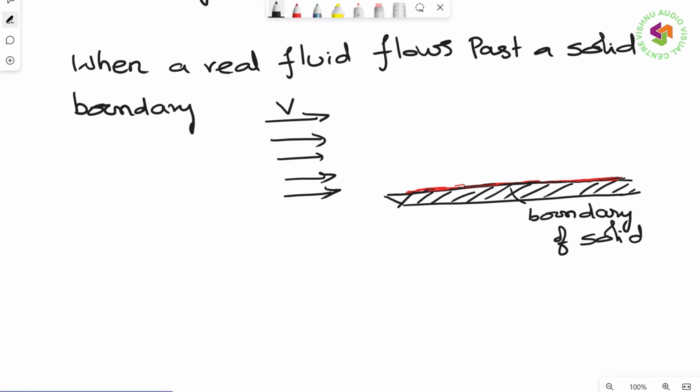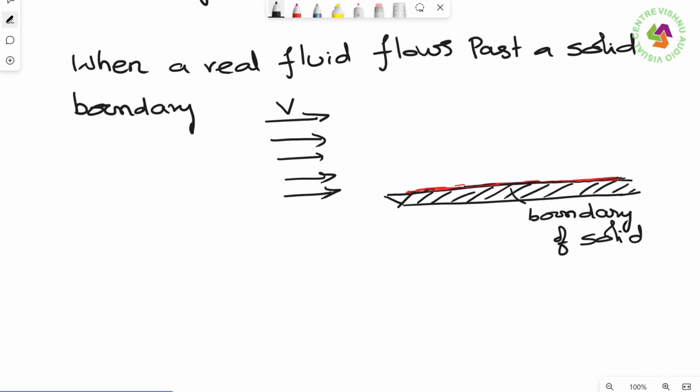That means at the boundary, the fluid does not slip. The fluid rather adheres to the boundary, and this condition is called the no slip condition.